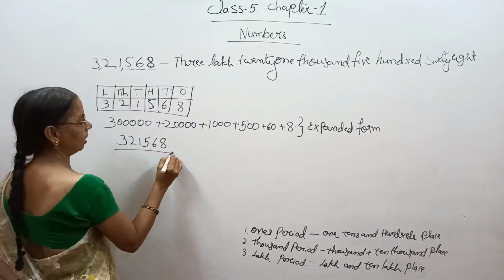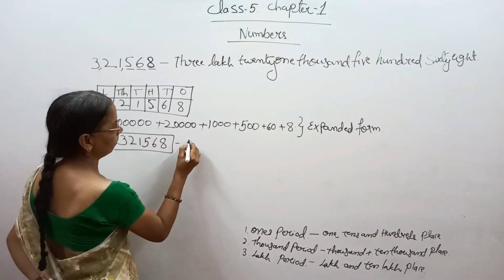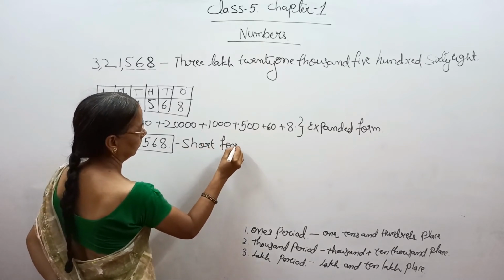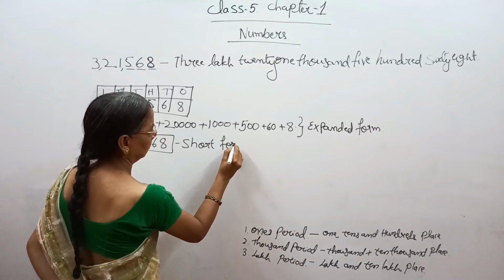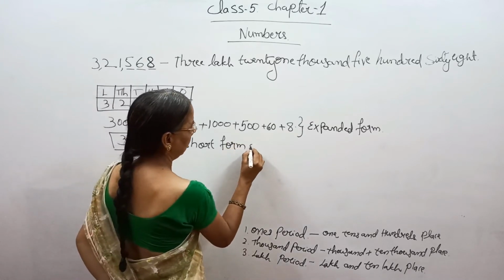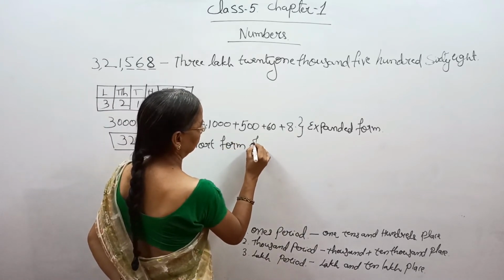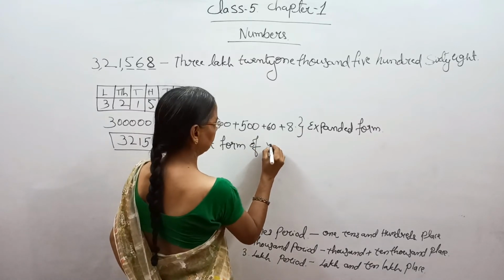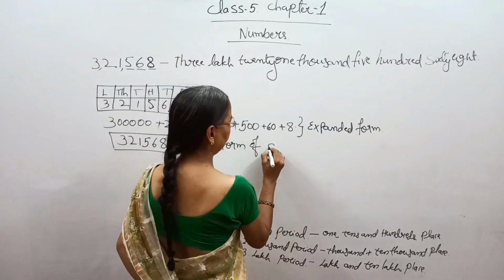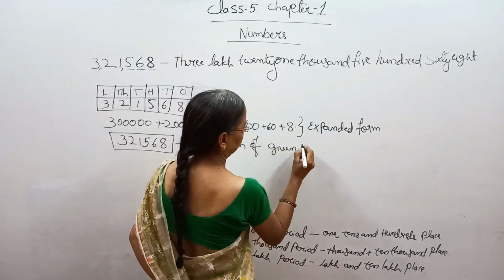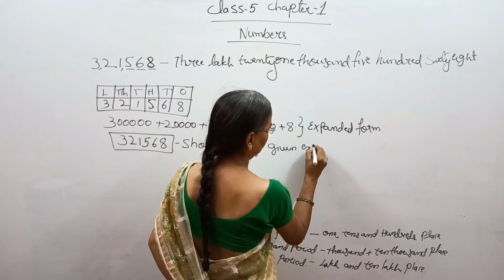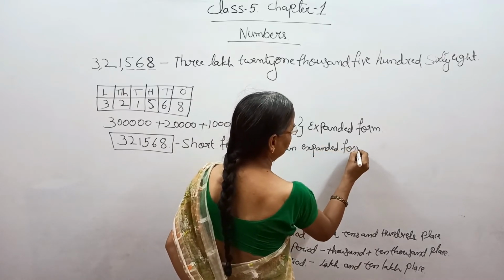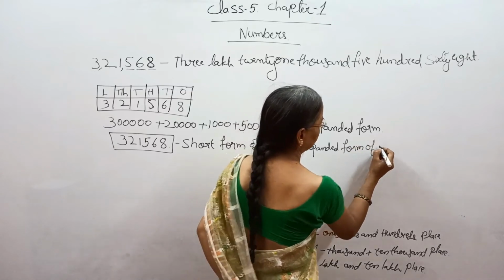This number is called the short form number of the given expanded form of numbers.